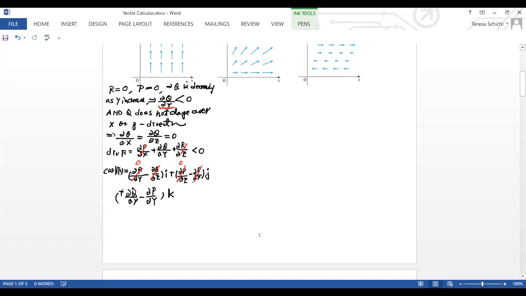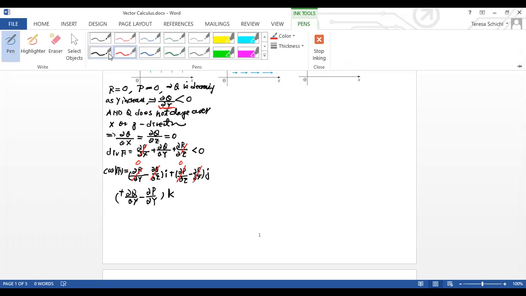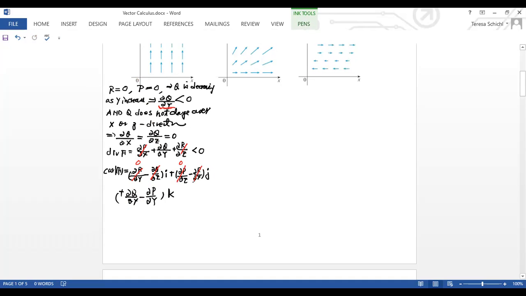And sorry, this is ∂Q/∂x and ∂P/∂y, and all of this will be equal to 0.